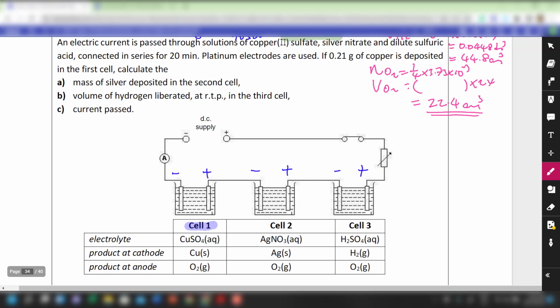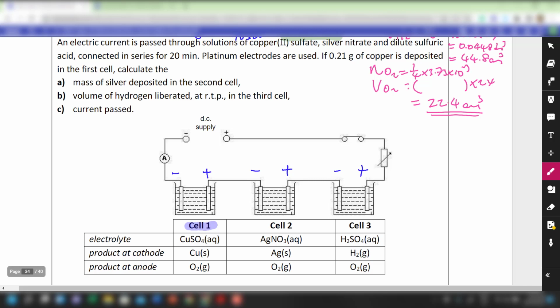And then of course the next thing is to look at the processes taking place at the respective electrodes. This is an electrolytic cell. What happens at the negative electrode over here is that it will be the electrode where reduction takes place, because the negative electrode will attract cations.